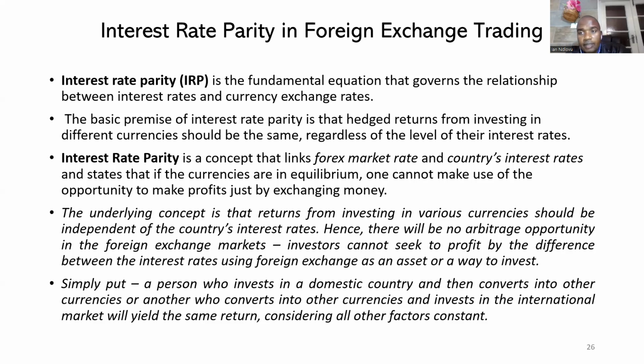Put simply in layman's terms, the concept of interest rate parity implies that any foreign exchange market player cannot make a riskless gain using foreign exchange as an asset or a way to invest.